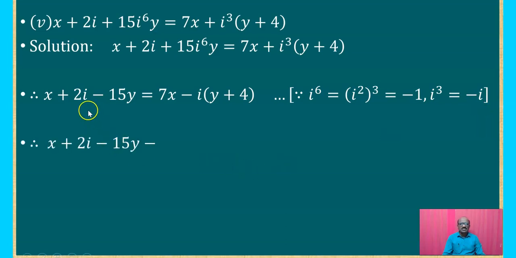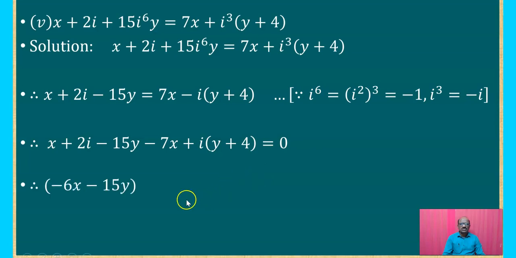Again, x plus 2i minus 15y minus 7x plus i in bracket y plus 4 is equal to 0. Collect the terms: x minus 7x, minus 6x, minus 15y, plus (2 plus y plus 4) into i. Take i as common, is equal to 0 plus 0 into i.